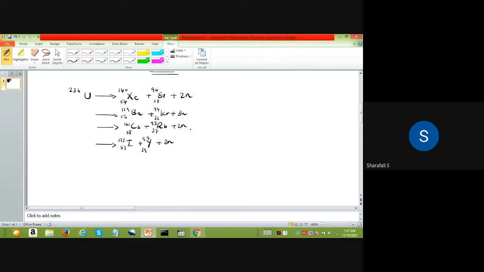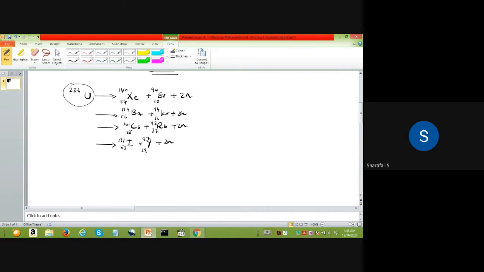So these are the different series by which this uranium 236 can decay through the nuclear fission process. That can produce xenon, zirconium, and then barium, krypton, cesium, rubidium. Any of these configurations can result from the uranium 236 fission process.